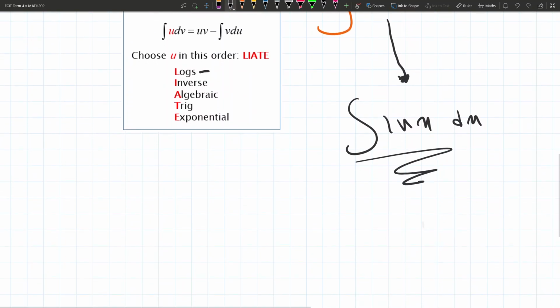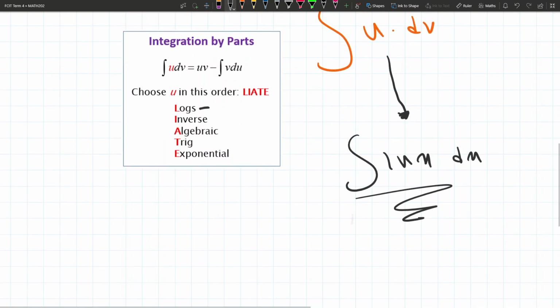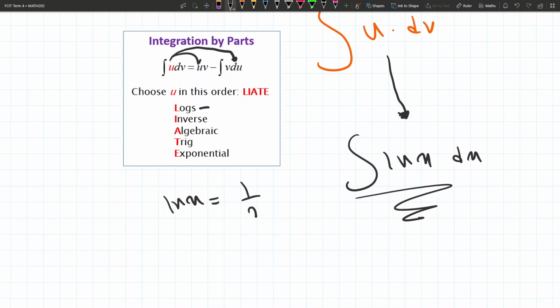However, we should always try to differentiate this. Now look what happens to u. U just stays the same over here, and then over here it's differentiated. So we know that the differentiation of ln x is just going to be 1 over x. So that's pretty simple. So we want to do that always first.